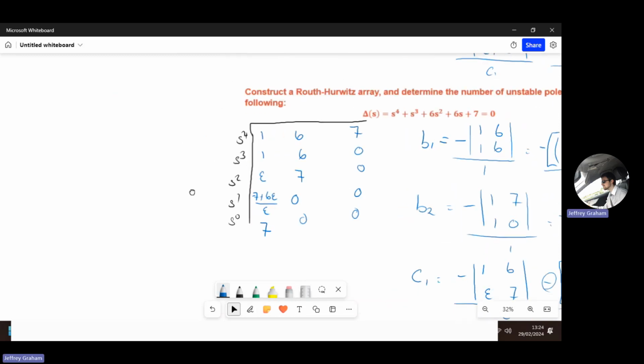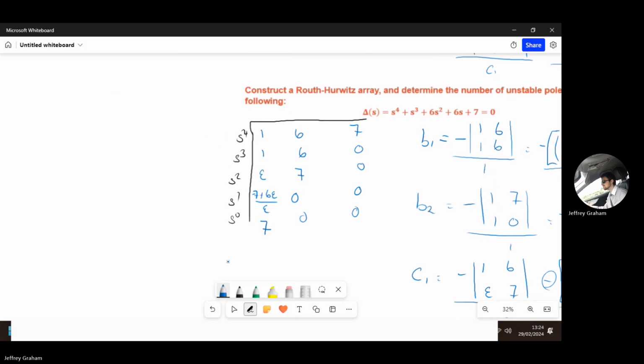Right, let's have a look. Dealing with the sign changes, remember, we're only interested in the first column. Positive. Positive. Epsilon is a positive value that is just greater than 0, so that is positive. The 7 at the bottom's positive.